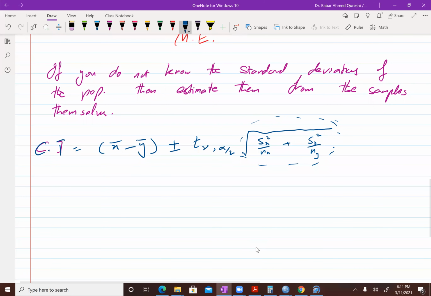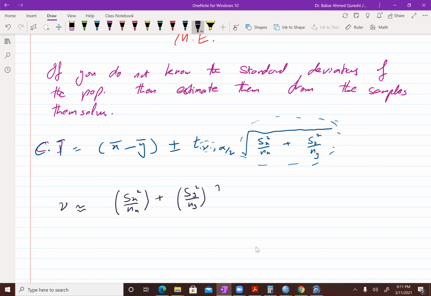Now, what would be this number over here? We know that this t distribution has a subscript, which is an integer. So this nu would be approximately equal to... it's a kind of a mess.